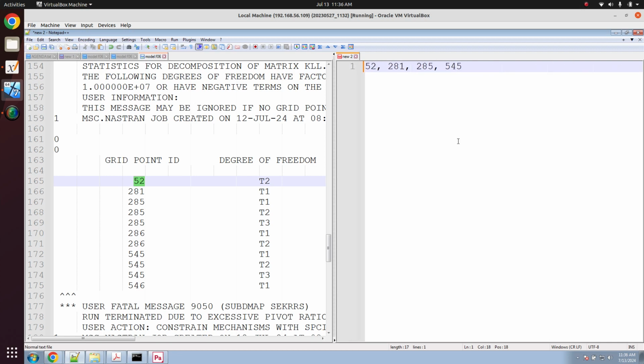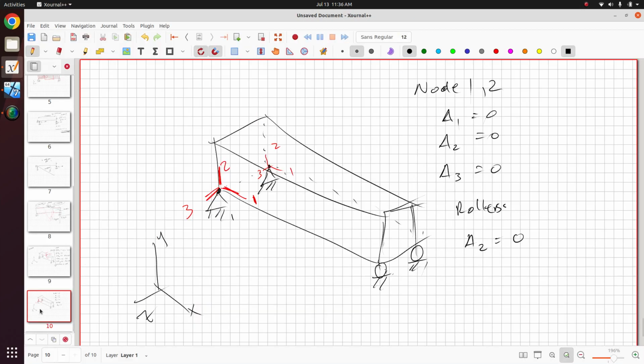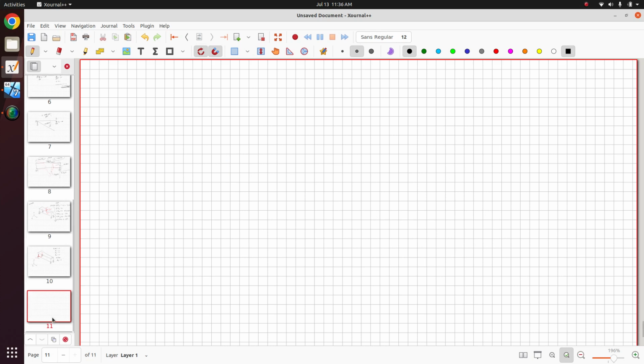So this is typically what I do when I see a node in this table. What I do is I find the node. So say this is node 52, or grid 52. So this is node 52.